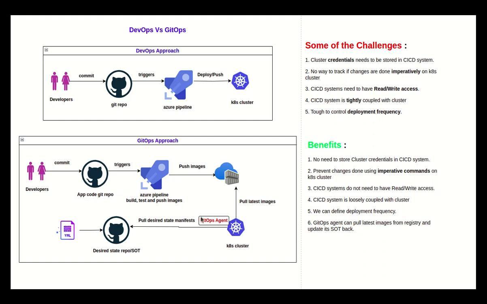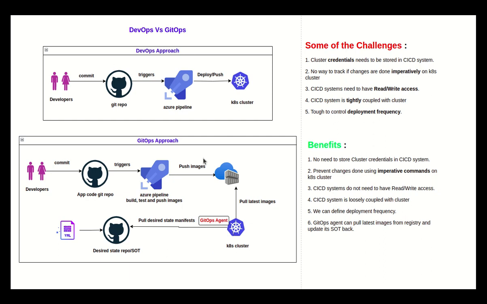So this way we can define the deployment frequency also. And the GitOps agent can also pull the latest images from the container registry. So it can pull those latest images and also make changes to the source of truth. Some of the GitOps solutions provide this feature as well.